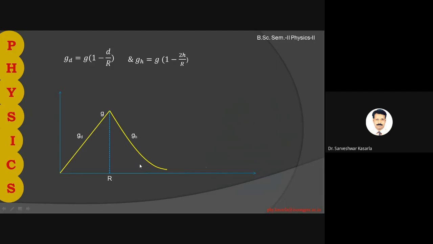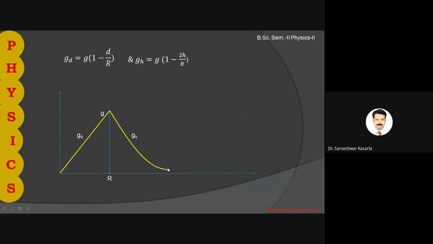Now the variation of g with respect to the distance from the center of earth. On the surface of earth g is maximum, that is equal to g, so this is the variation of g_d. As on the surface of earth its value is g, and when you go into the depth towards the center, the acceleration due to gravity decreases, and if the height is increased then also it decreases like this.